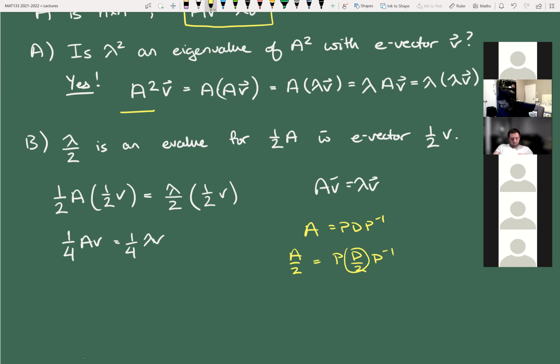Right? So it says that the eigenvalues of A over 2 are, in fact, the eigenvalues of A divided by 2. And yeah, I guess it works. I can't complain about that. Lambda over 2 is an eigenvalue for, yeah, I guess it works.